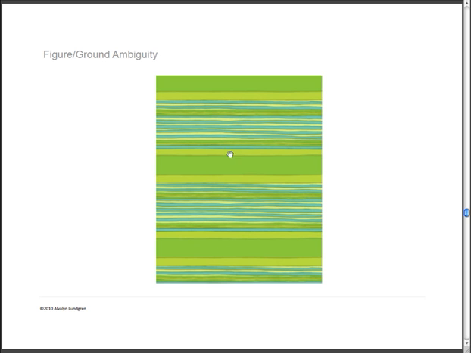And there is a regularity, of course, of the horizontality, so there's a real strong structure and a consistent horizontal implied line. But as we look at this, what is figure and what is ground? There really isn't any differentiation between the two. So when we can't differentiate figure from ground, we have flat space. And we talked about that in lecture 2, where we discussed figure ground understanding.